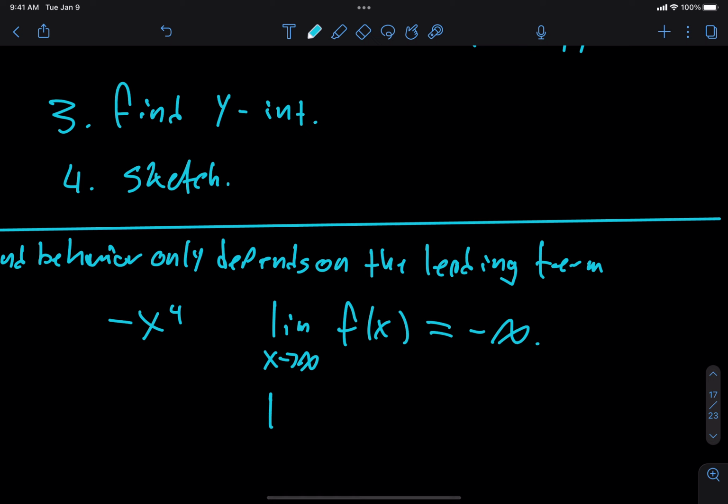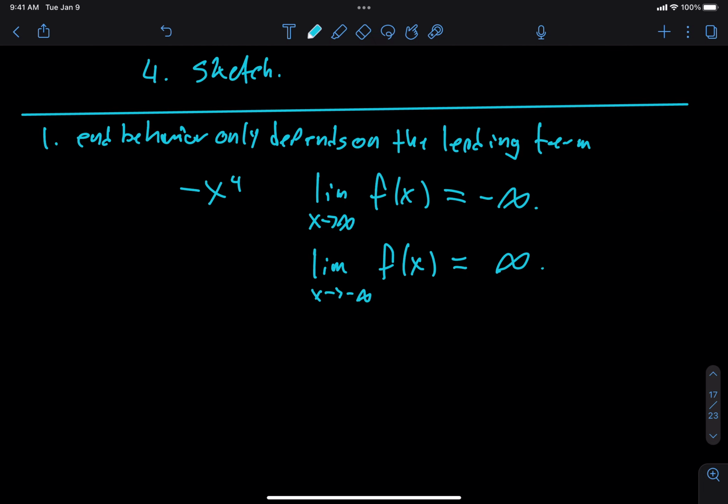Okay, and how about the limit as x goes to negative infinity of f of x? If I do negative infinity, then the limit should just be whatever the opposite is, right? Should it just be the opposite of what we had before? No. Why not?